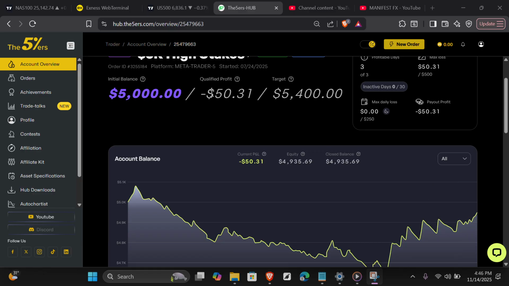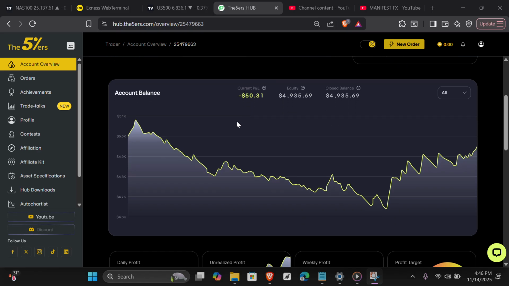I'm currently about $50 in drawdown. But as you can see on my graph, ever since I started using my strategies, or ever since I backtested, I've started making consistently better results.